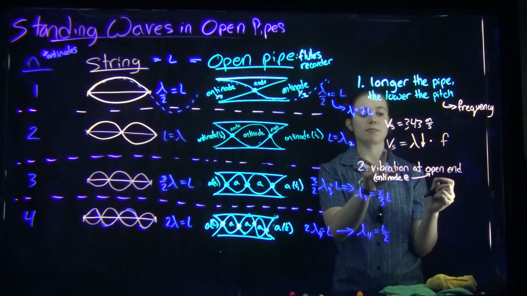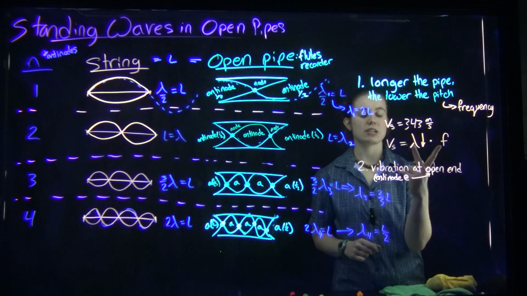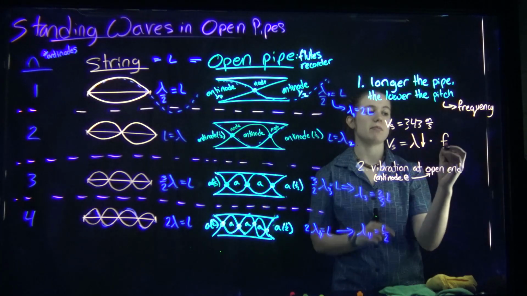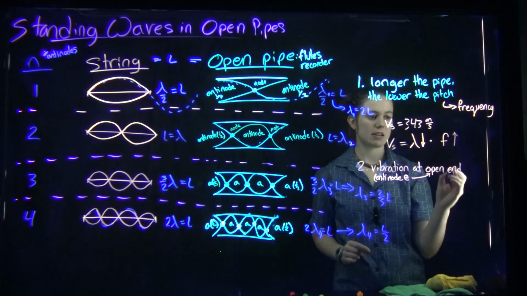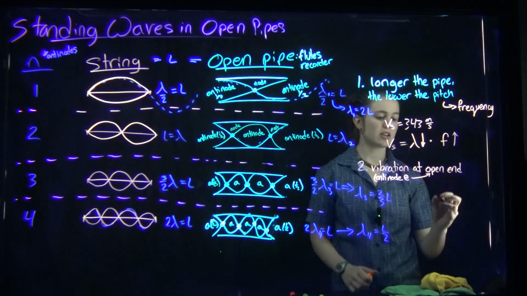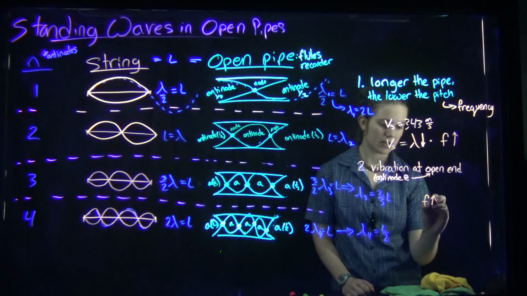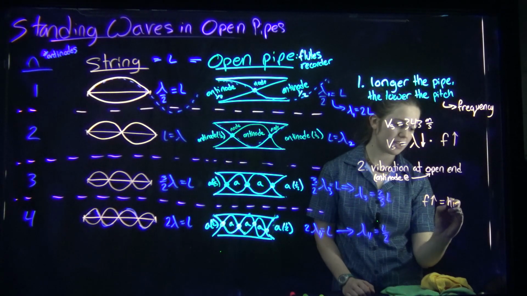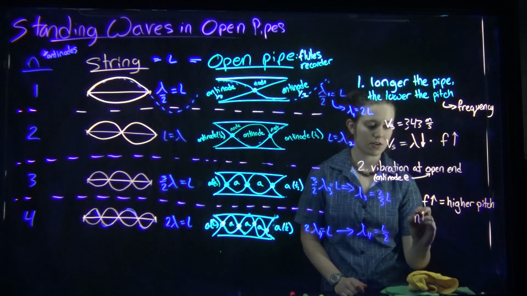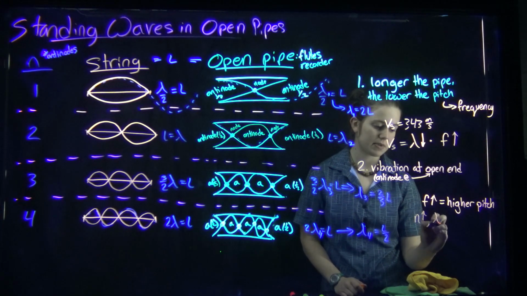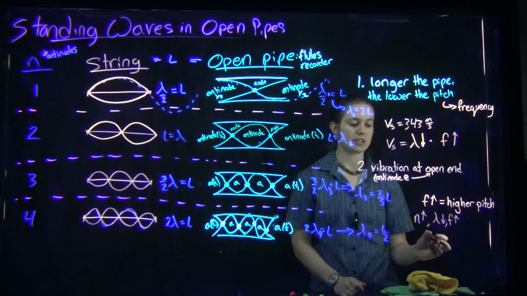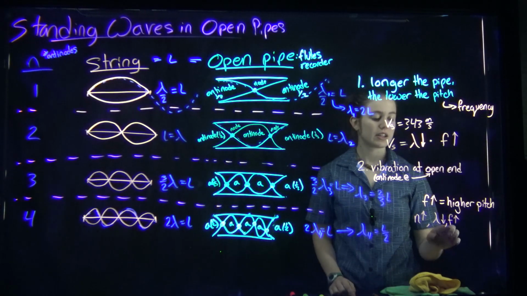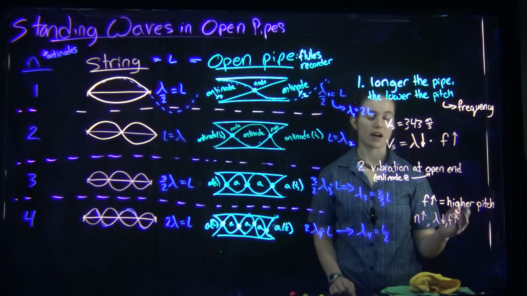But the speed of sound remains the same, which means that lambda times f needs to equal the same number. So frequency must increase. Frequency going up means higher pitch. If n goes up, lambda will go down and frequency will increase. The more antinodes you have, the higher your frequency, the higher your pitch.